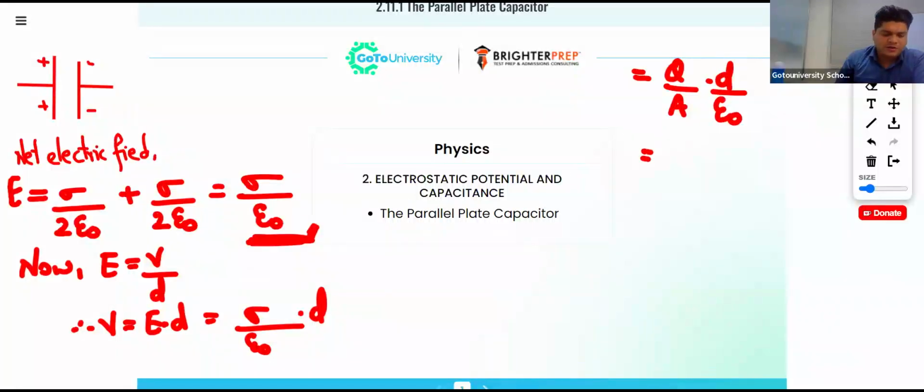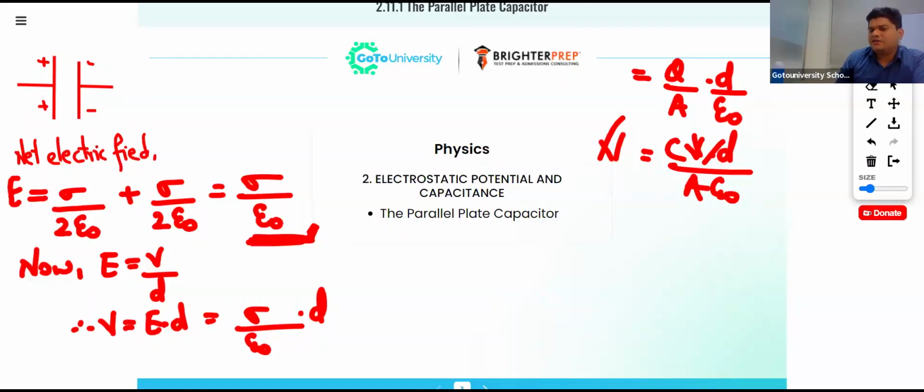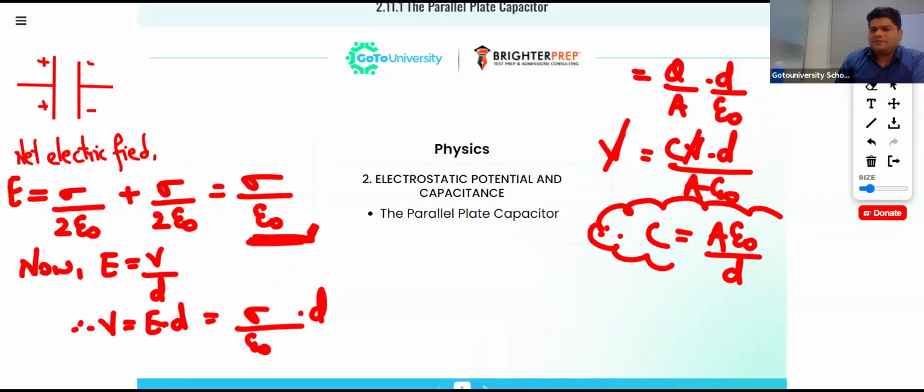In place of Q, you will write CV. V and V will get cut. So therefore, C will be equal to A epsilon naught over D.